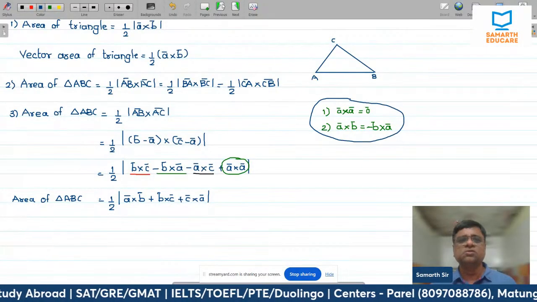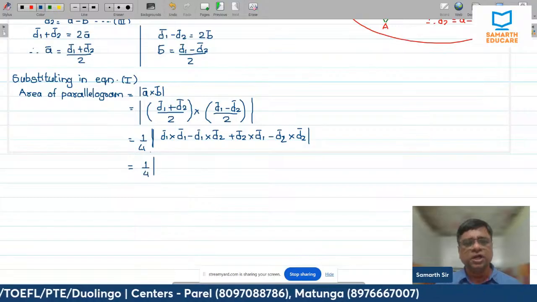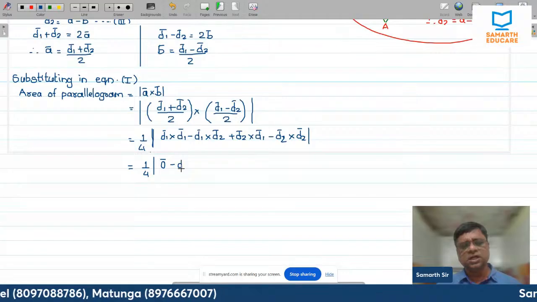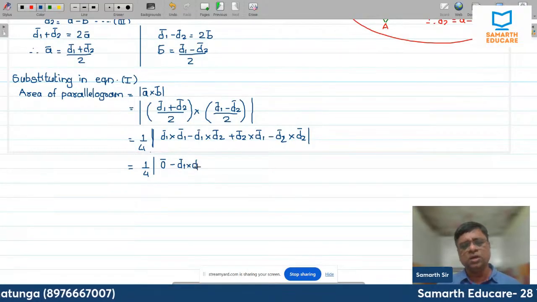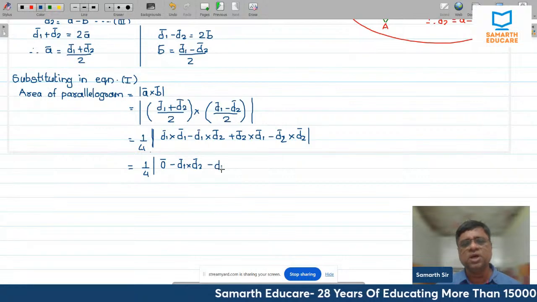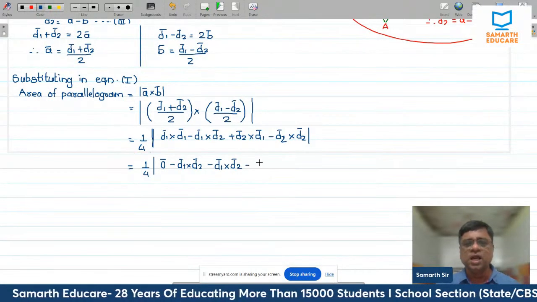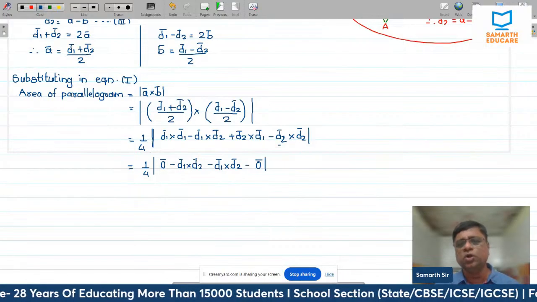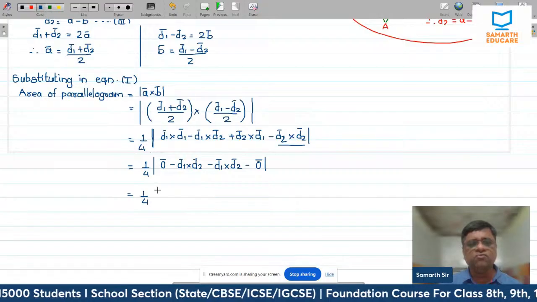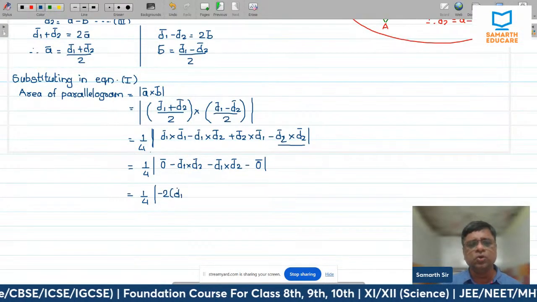These two things which I'll be applying over here. That is 1 by 4 d1 bar cross d1 bar is 0 bar minus d1 bar cross d2 bar. Now d2 bar cross d1 bar becomes minus d1 bar cross d2 bar. Again, if I change the order, the sign will change, and minus d2 bar cross d2 bar, iska value 0 hoga.